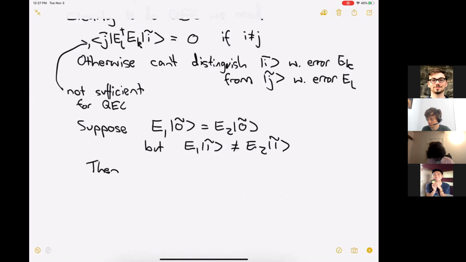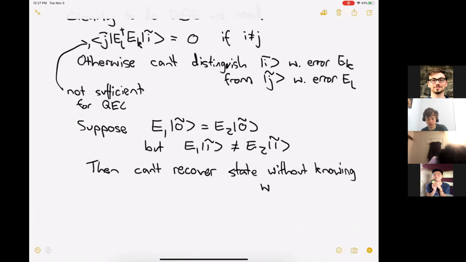It follows that we can't recover the original state without knowing whether E1 or E2 got applied.